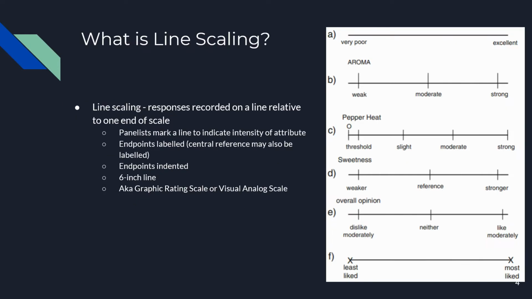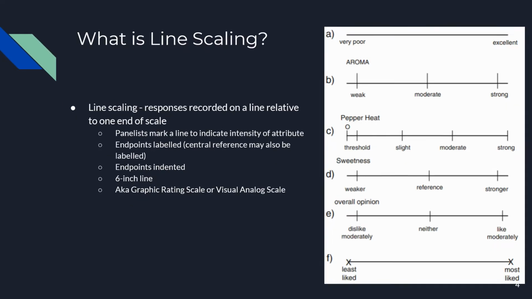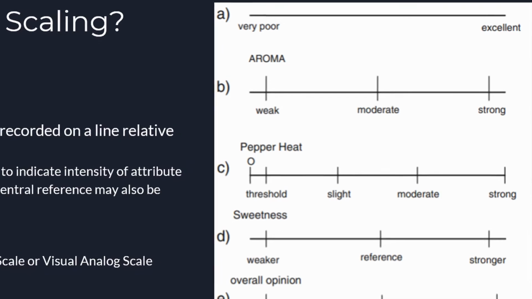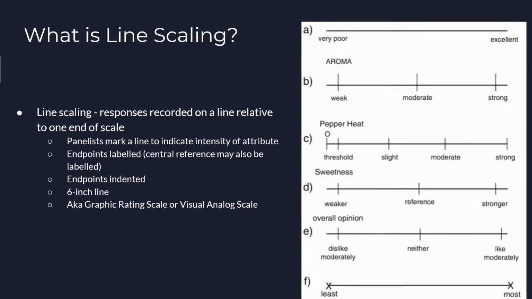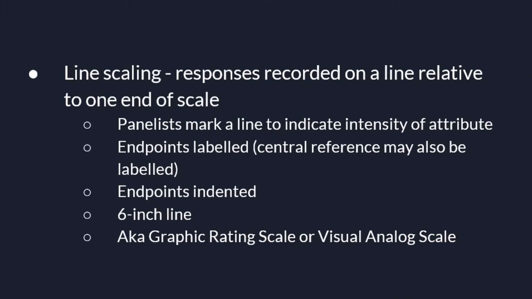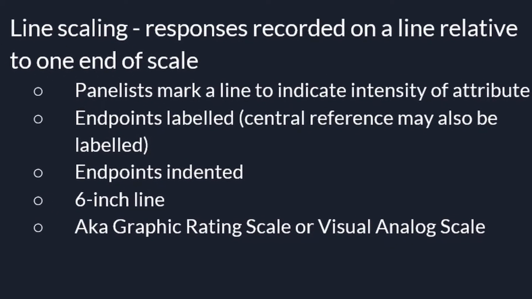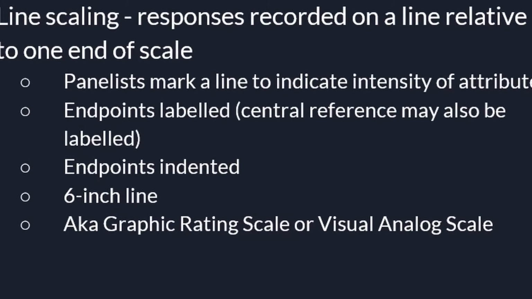Line scaling is a form of scaling where panelists mark their sensory responses on a line to indicate the intensity of an attribute. Each mark on the line is relative to one end of the scale, usually the lower end. Sometimes only the endpoints are labeled, and other times intermediate central reference points may be labeled to represent the value of a standard or baseline product, and then test products are scaled relative to this reference.